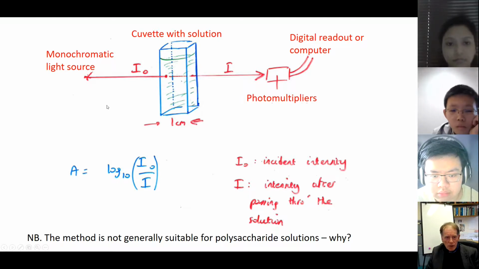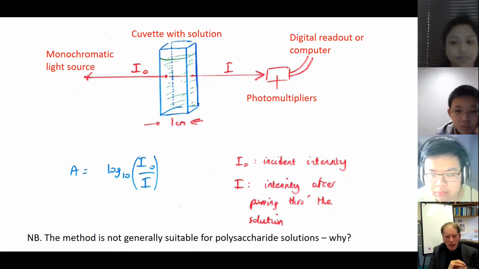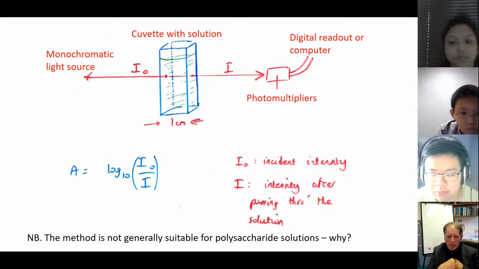And in the spectrophotometer, you have a monochromatic light source. This is a light source where you have what's called a monochromator, and the wavelength is set by the user.